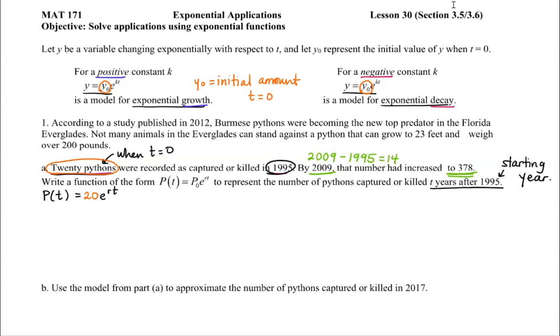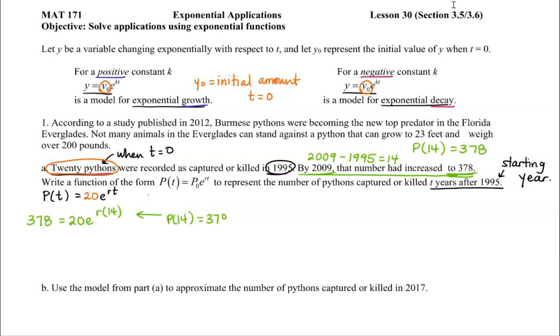So when t is equal to 14, we get out 378. This sentence tells us that P(14) equals 378. I'm now applying that to this equation: when I plug in 14, we get out 378.